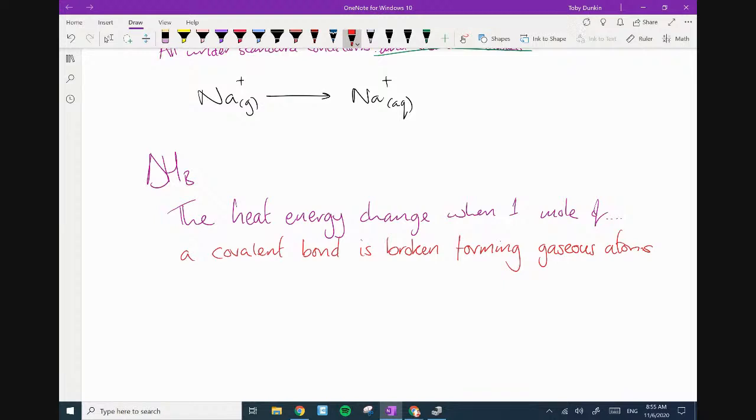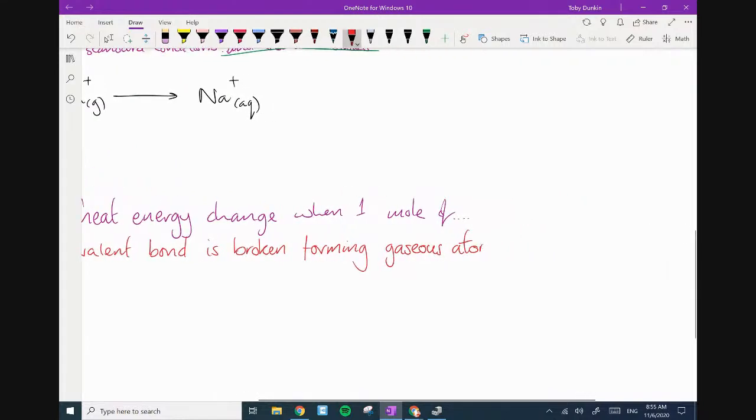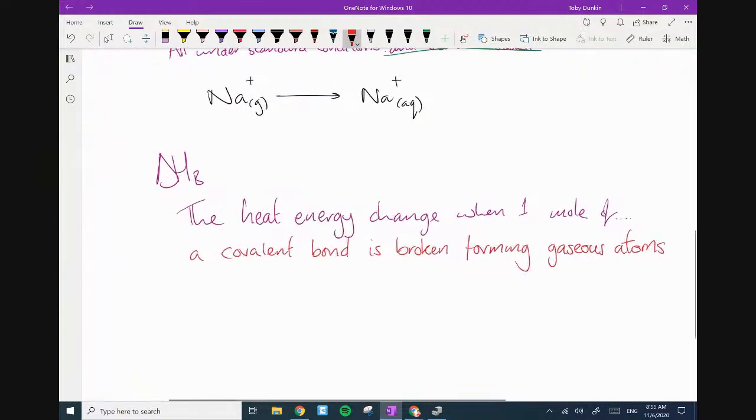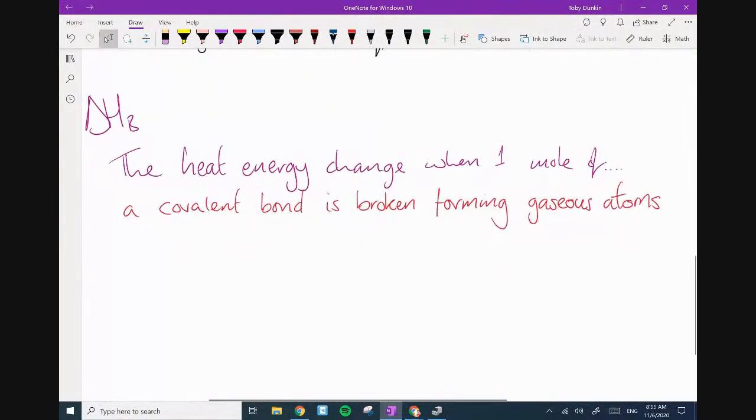Oh, that was interesting. My pen went a bit wonky. Oh, that's bad news. I recently put a screen protector on my laptop. See, look, it's fine there. Forming gaseous atoms, all under standard conditions and in standard states.